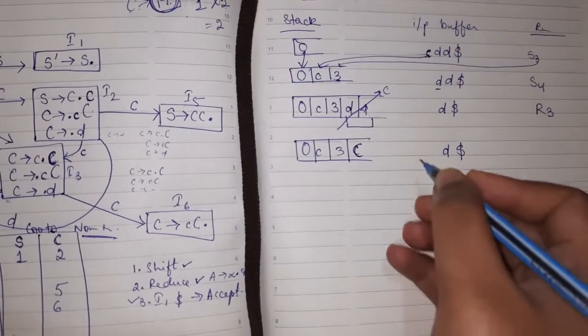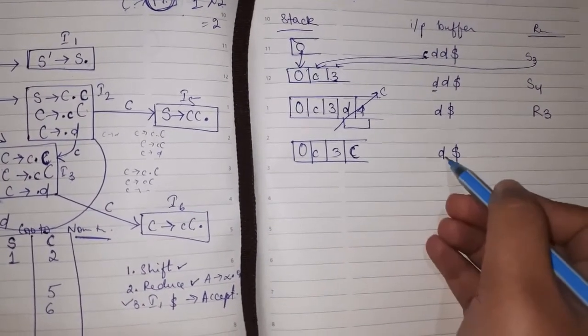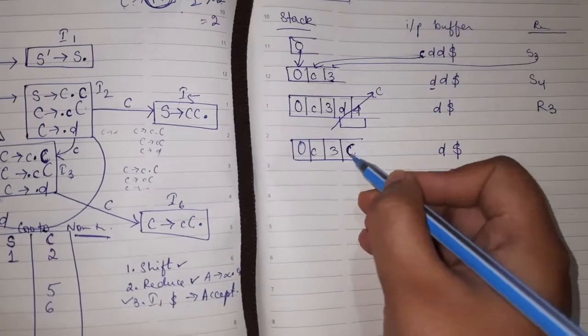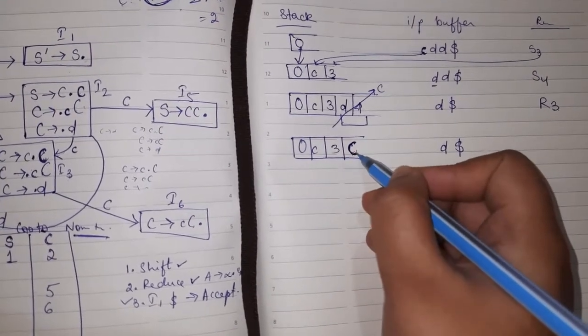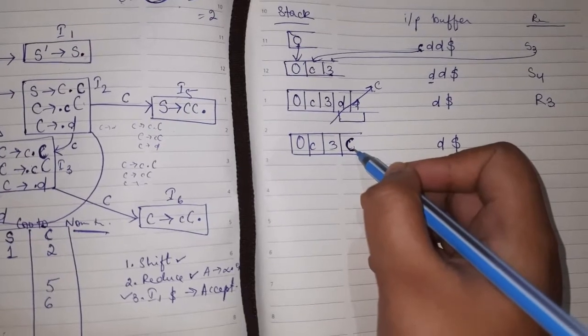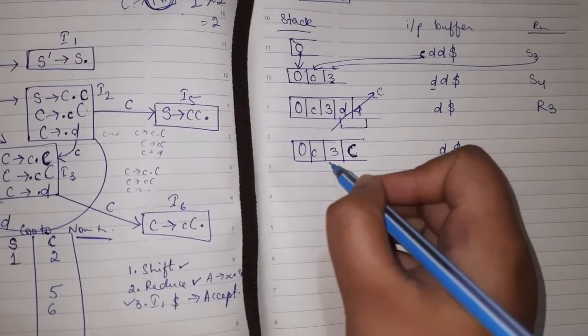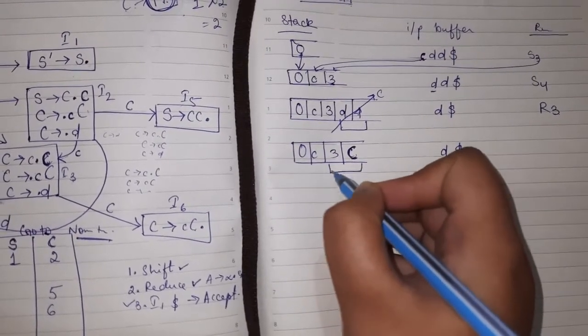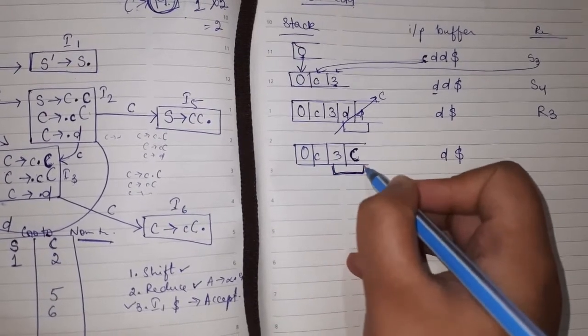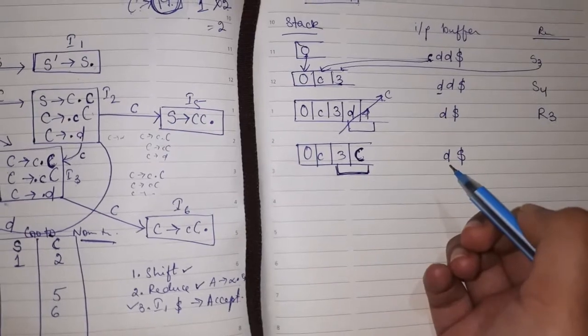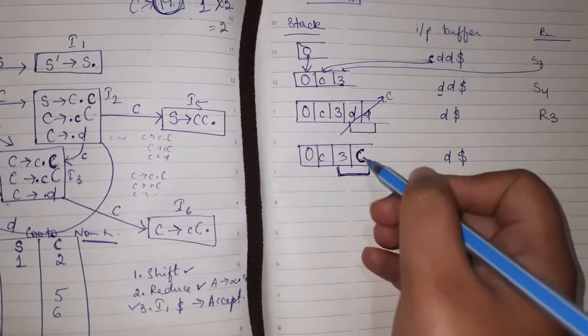Now when we get capital C with D, this is not any state, this is a non-terminal. So if the top of the stack is a variable or non-terminal, then we need to see the top two elements of the stack and push the respective number.